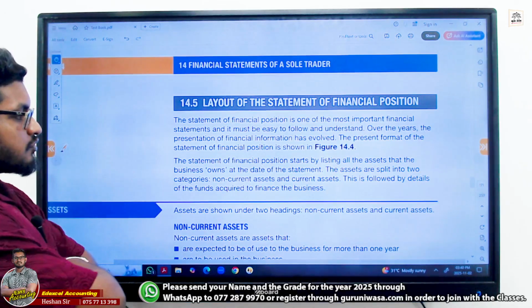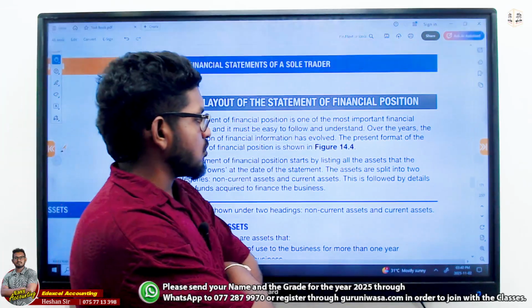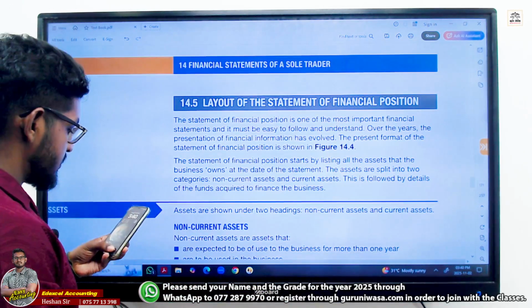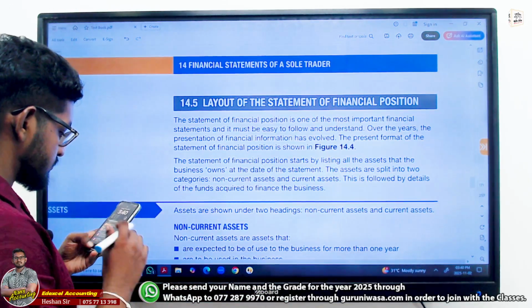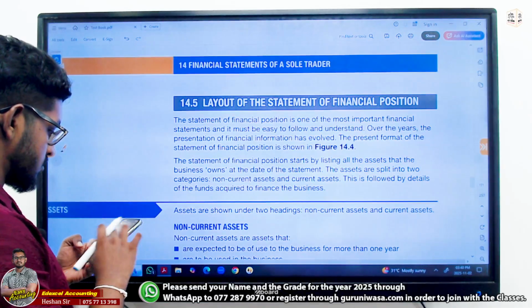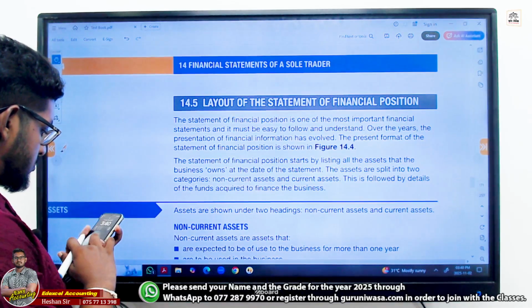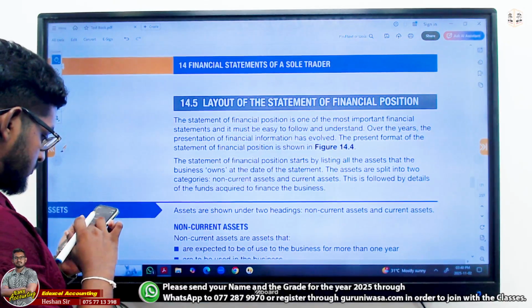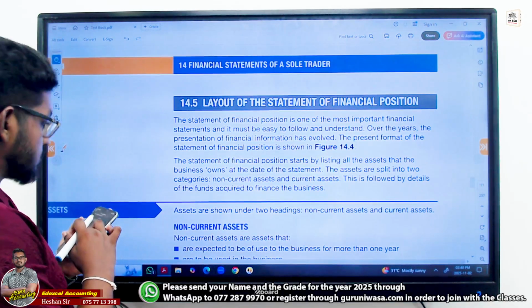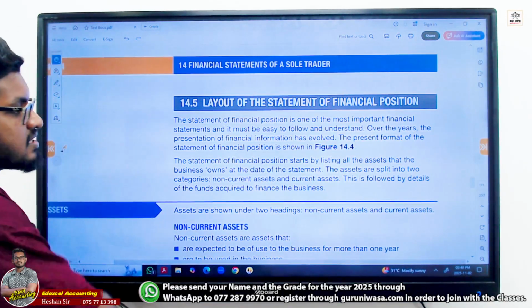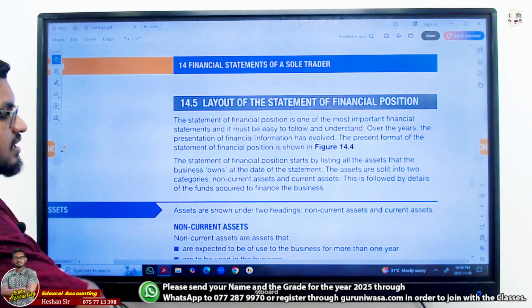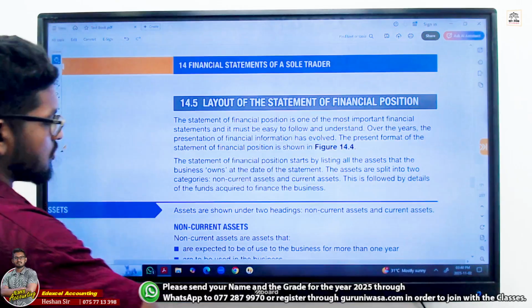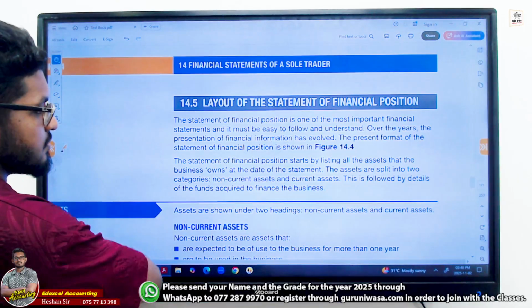The statement starts by listing all the assets that the business owns at the date of the statement. Right? So the assets are split into two categories, non-current assets and current assets.